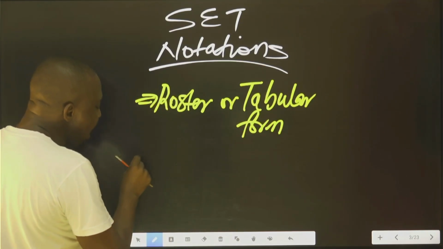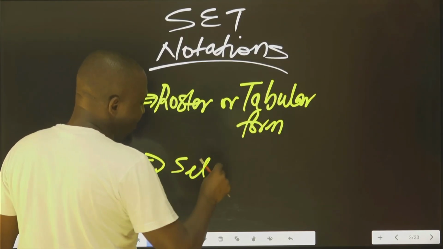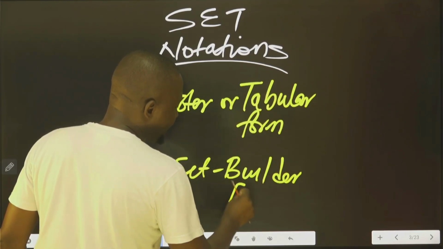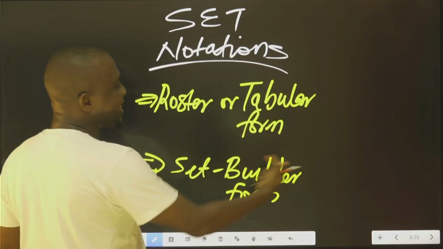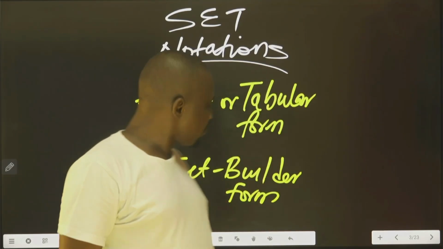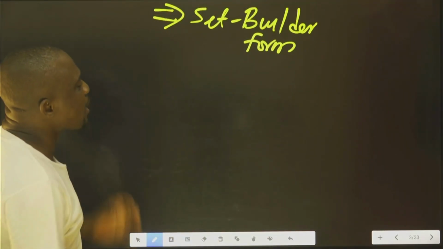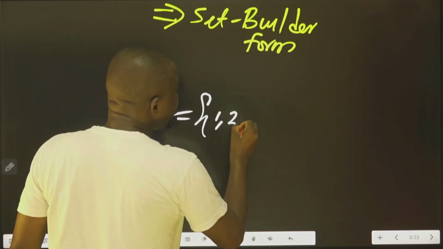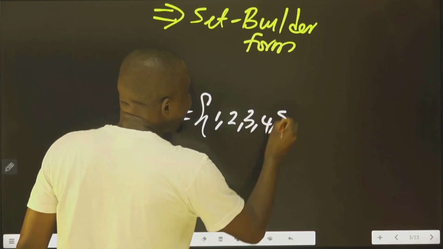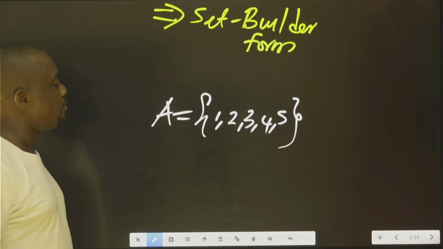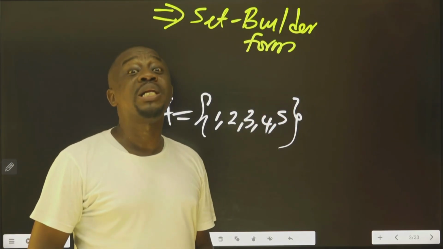We also have set builder form or the set builder notation. This one is the roster notation. Now, if you see something like this, A is equals to 1, 2, 3, 4, 5, this is what? The roster form or the tabular form using the curly braces.